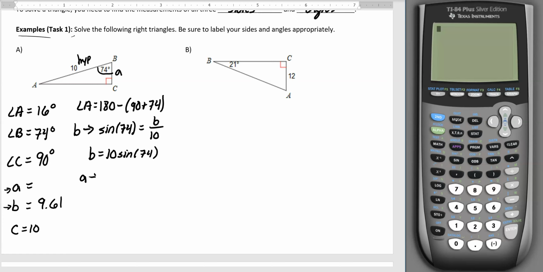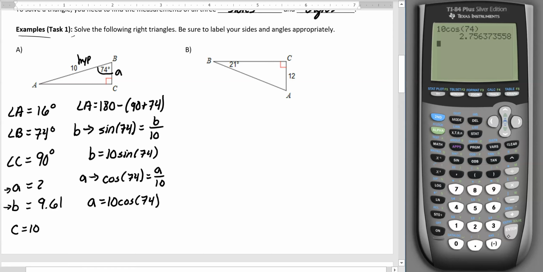So to figure out A, we can say the cosine of 74 equals A over 10, our adjacent over our hypotenuse, which means that A will equal 10 times the cosine of 74. So I will say 10 cosine 74 and 2.76. And there we go. There's one way to solve a right triangle.